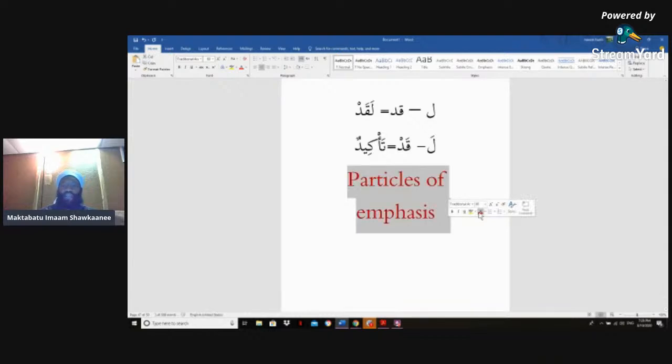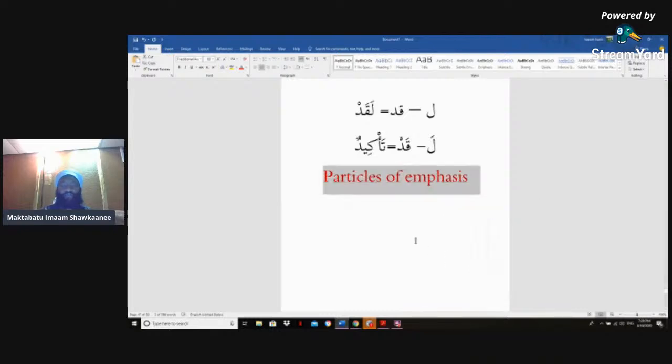They emphasize الذي جاء بعدها or بعده. They emphasize whatever comes next. Usually the lam goes with the qad. لقد. We mentioned some lessons ago that qad can be harfu ta'leel and harfu tahqiq. We learned that some time ago.